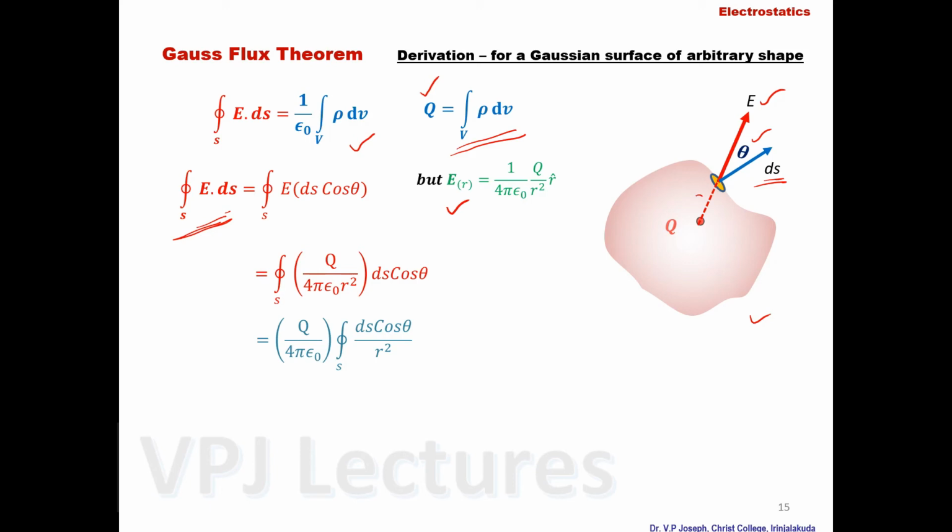If this distance is taken as r, then 1 by 4 pi epsilon 0 q by r square is substituted in this expression. So surface integral q by 4 pi epsilon 0 r square into ds cos theta, or taking the constant terms outside, that is q by 4 pi epsilon 0 into surface integral ds cos theta by r square.